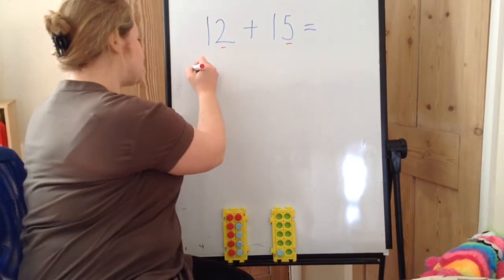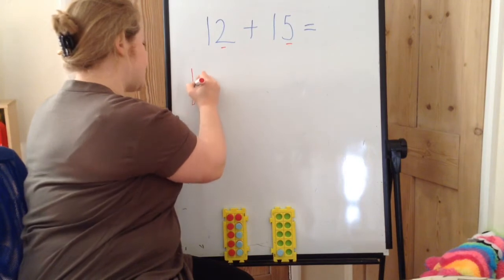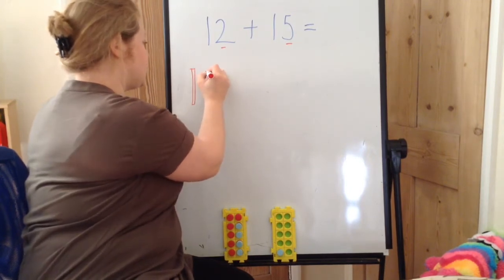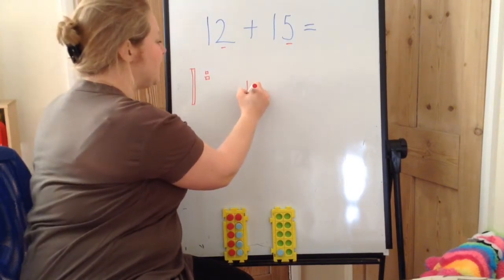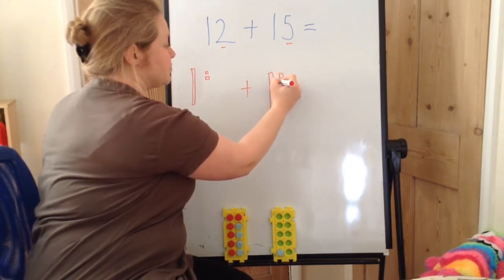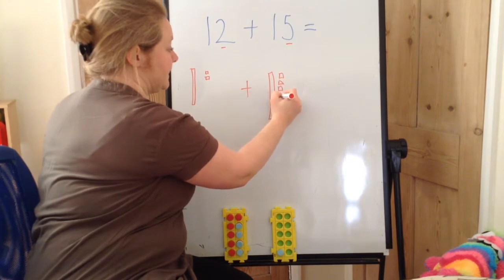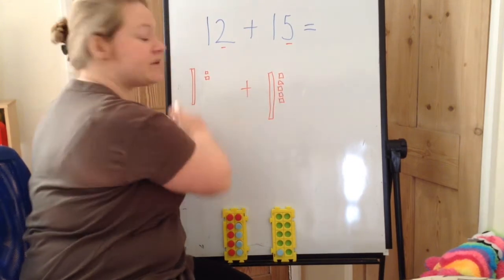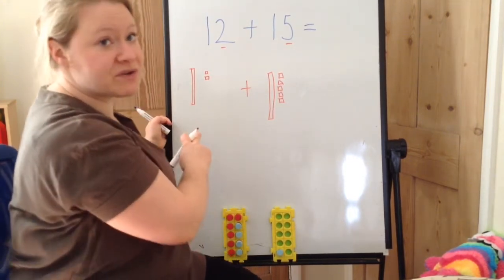If they want to, they could draw it out. Here is our 10 and 2 ones plus 1 10 and 5 extra ones. We encourage them to draw, this is called base 10, we encourage them to draw that a lot.